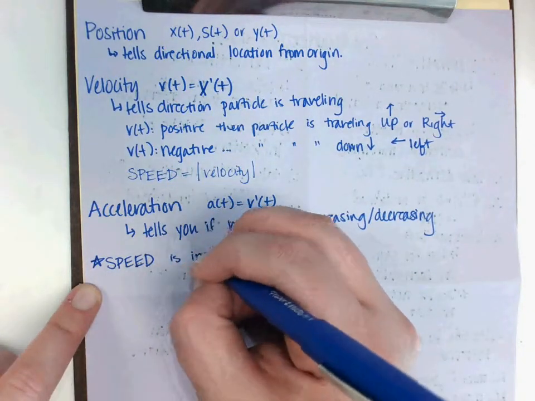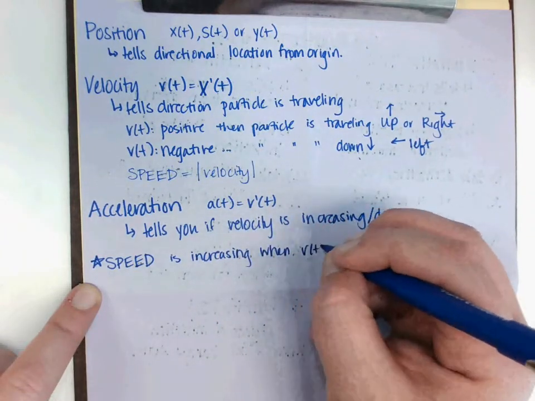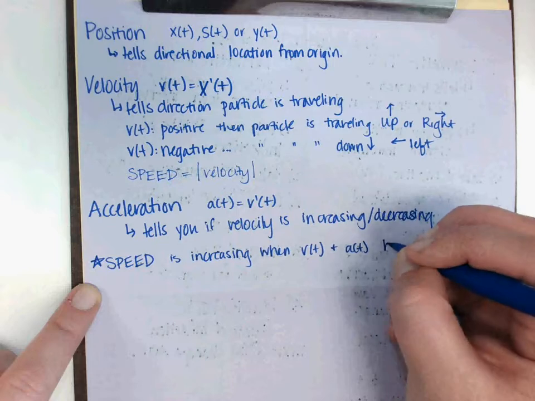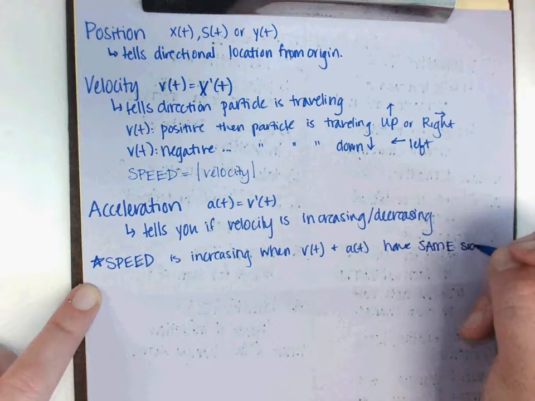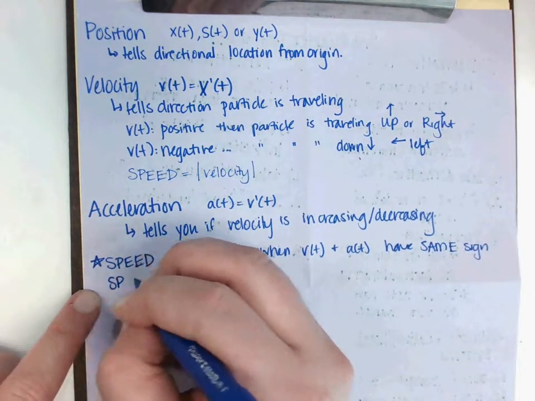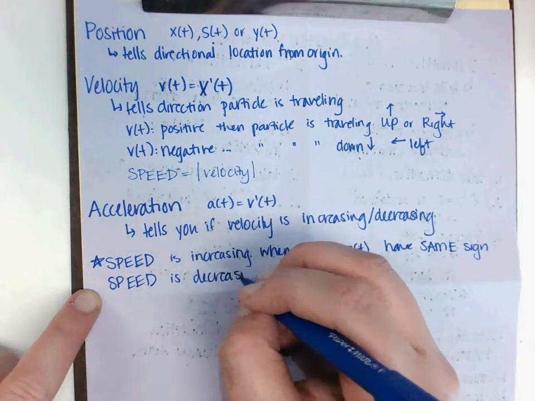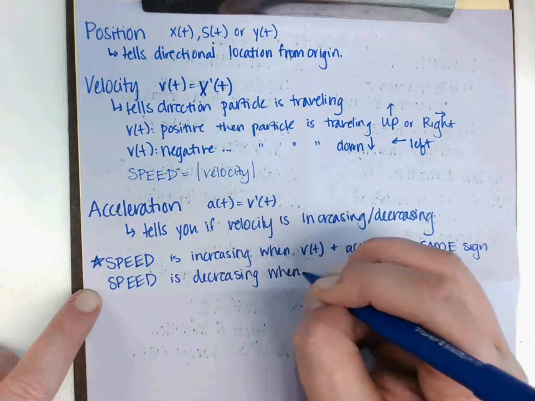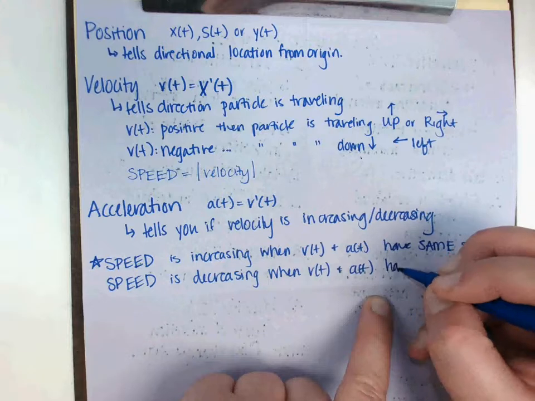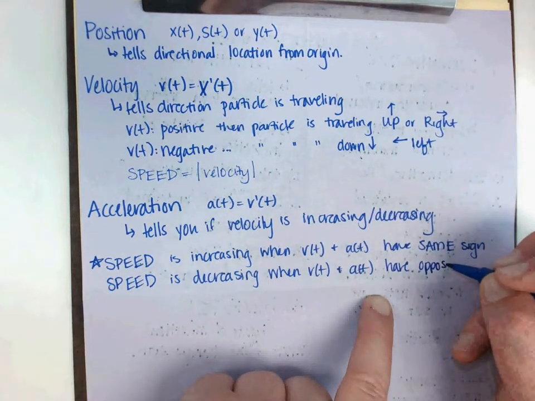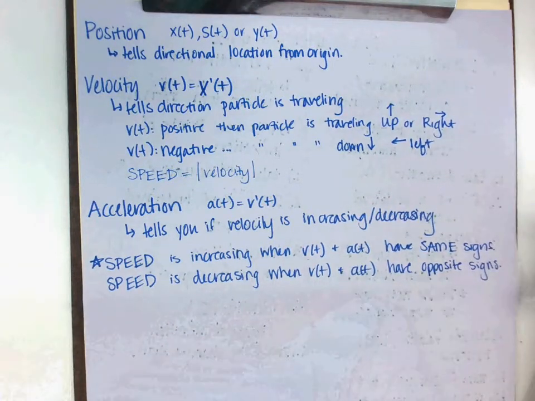Speed is increasing when v of t and a of t have the same sign, versus speed is decreasing when v of t and a of t have opposite signs. Okay.